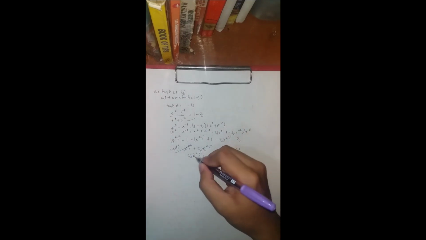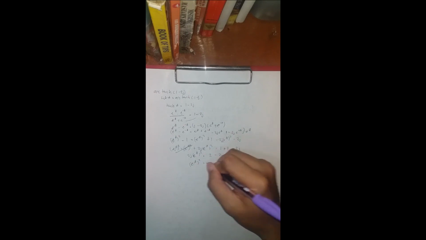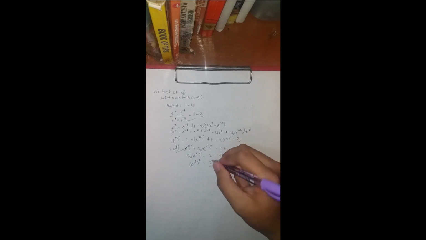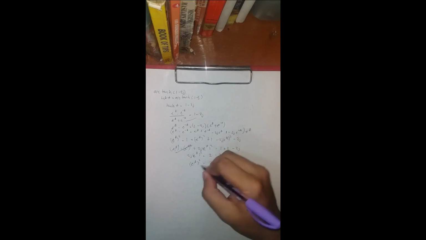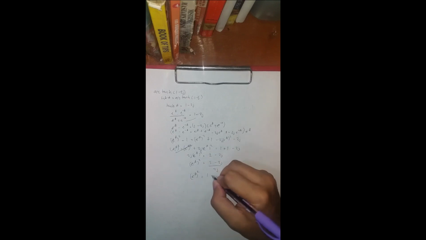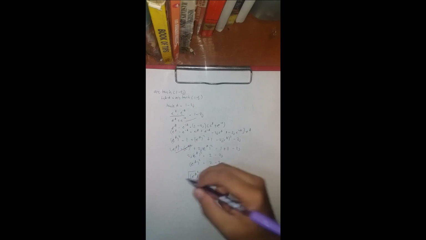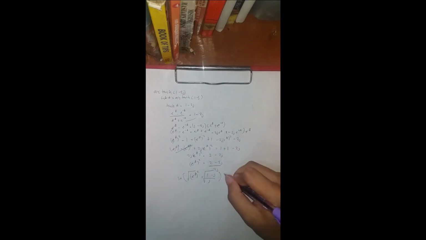And we divide this by 2j, so e raised to a squared equals 2 minus 2j over 2j. We can factor out the 2. So what's left? e raised to a squared equals 1 minus j all over j. Then we take the square root of both sides and apply ln.